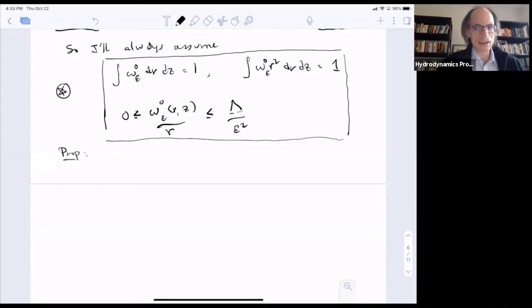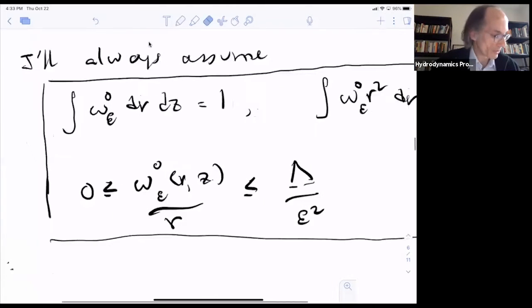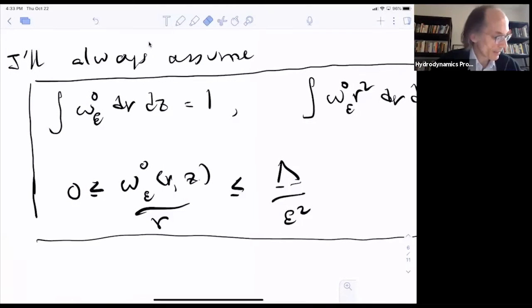And let me just, because when I state this and prove this, time doesn't play a role here, the t variable doesn't play a role. And so I don't really need the superscript 0. And I don't really need the epsilon either.